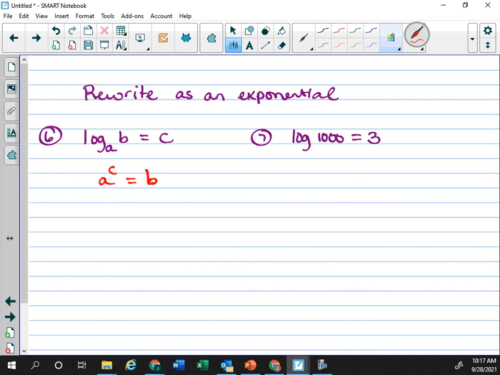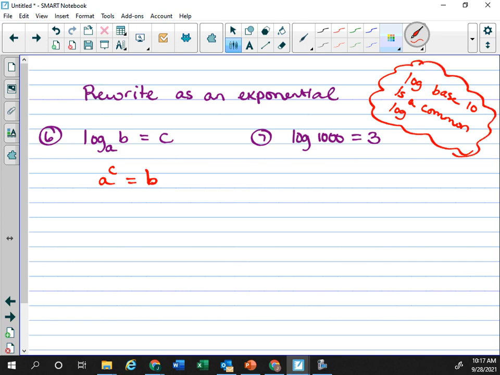So any log base 10 is common log. Just a little side note, that's what the log button on your calculator is. It's actually log base 10. So if you see a log without a base, you need to just recognize, oh, that's base 10.